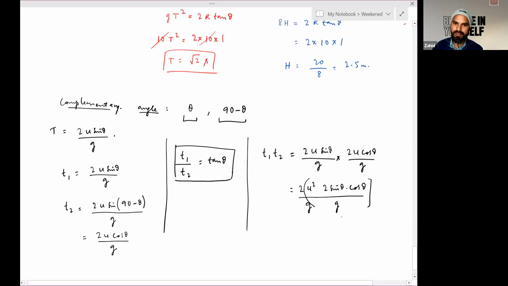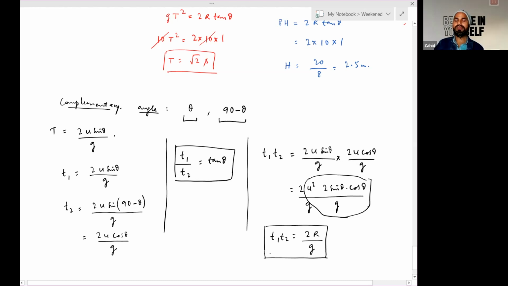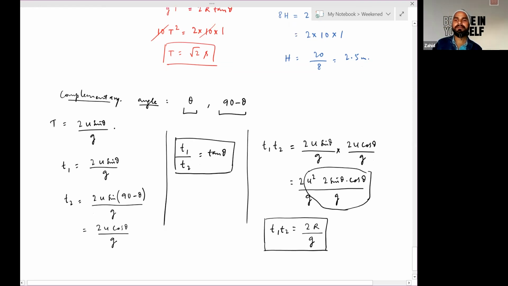So we may write this term as 2 times range divided by g equals T1 into T2, which means the product of time of flight for complementary angles equals 2 times range by gravity. So just remember these two relationships for complementary angle for this time of flight.